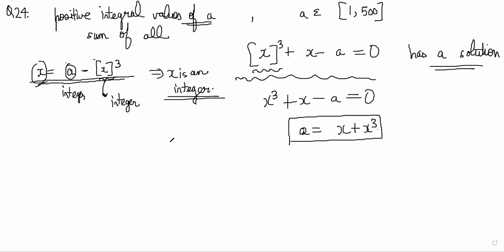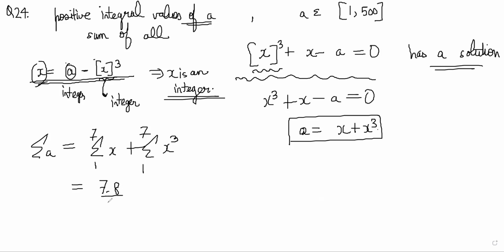You have to get summation of A, 1 to 7. X could be 1, X could be 2, X could be 7, X cannot be 8. So then just add up all of the A's. That is fairly simple.